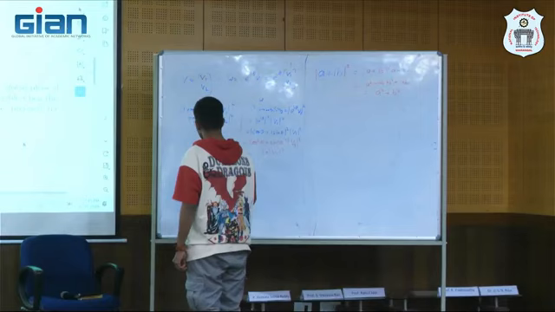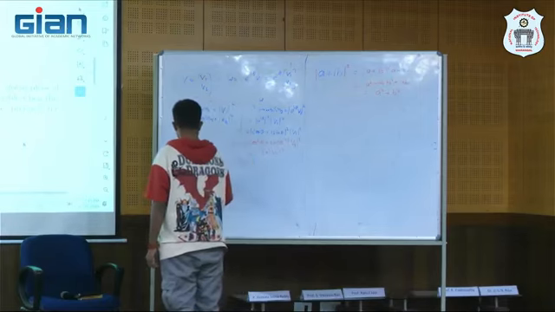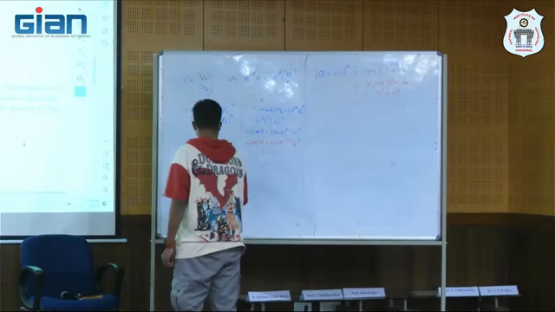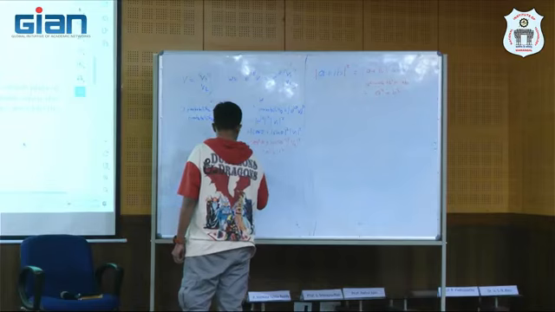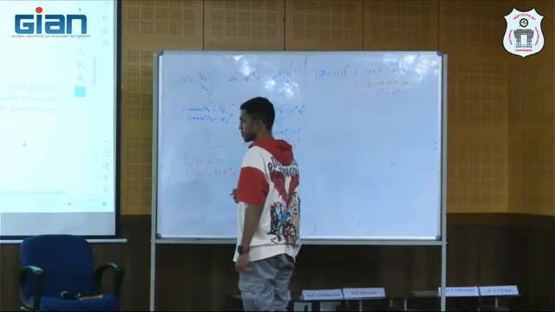Then U times W is what? It is equal to U times e to the I theta times V, which is equal to, since e to the I theta is a scalar, it can come out, e to the I theta times UV.